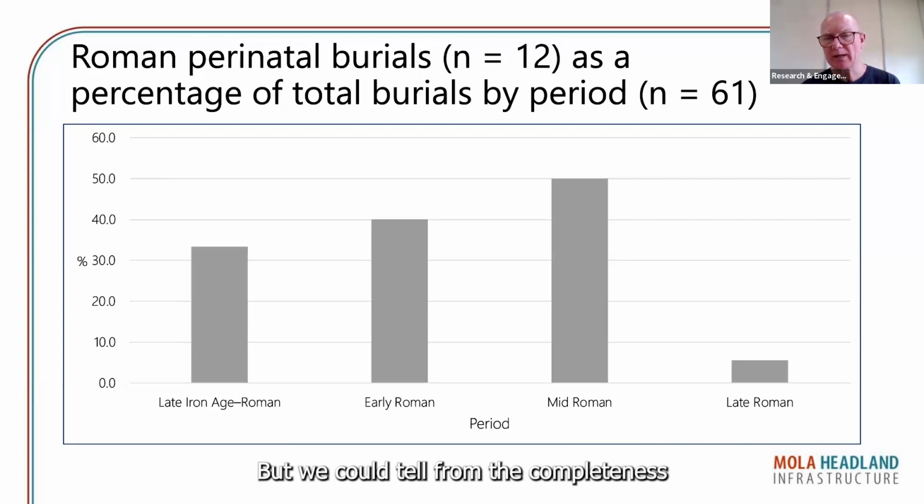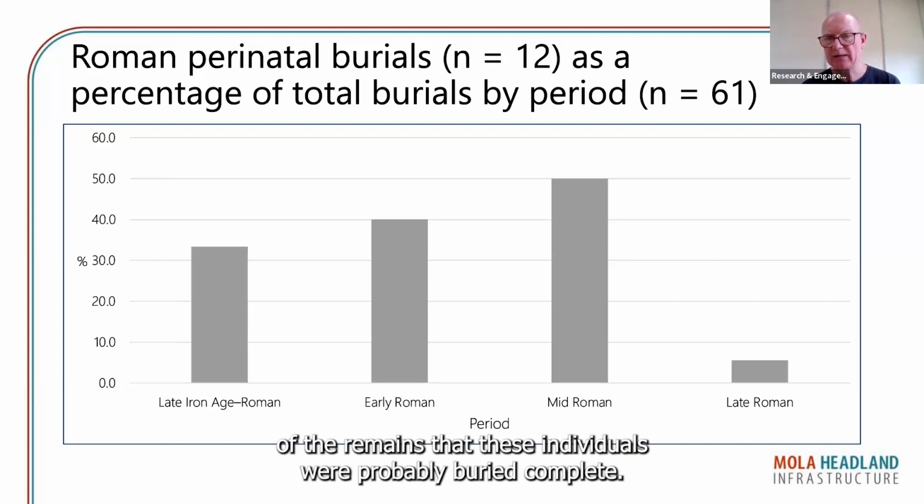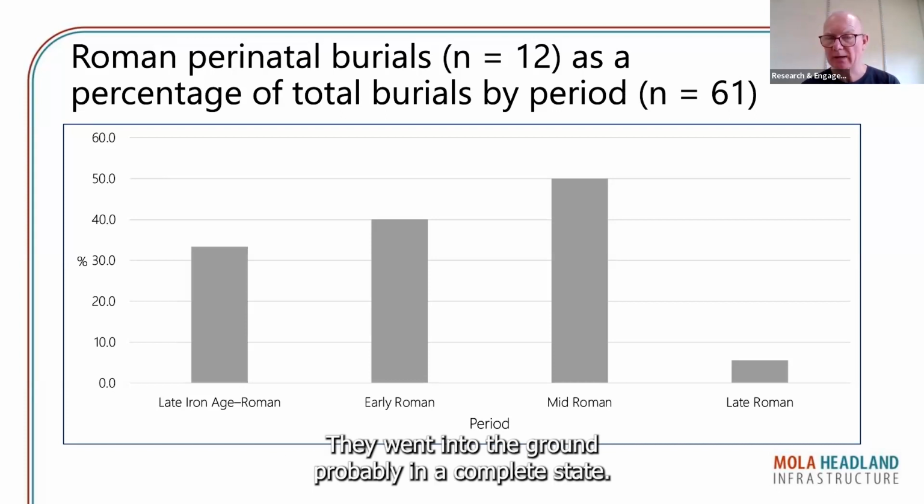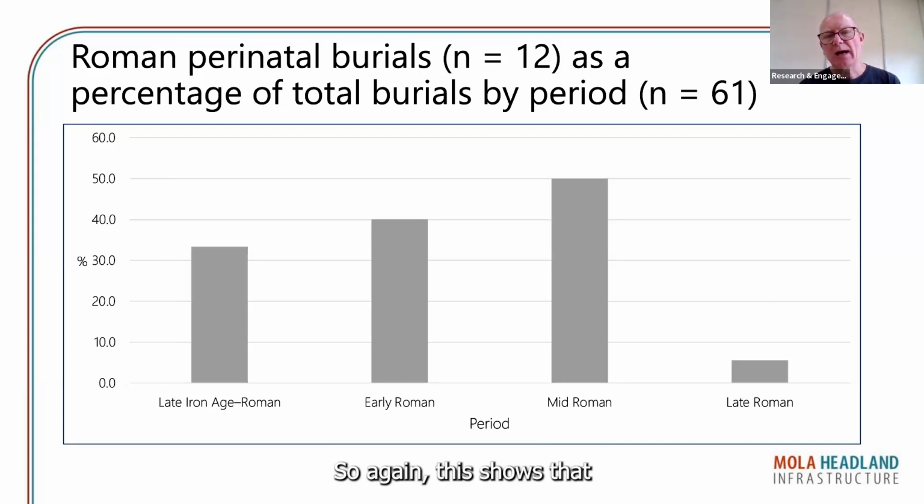But we could tell from the completeness of the remains that these individuals were probably buried complete. They went into the ground probably in a complete state. So again, this shows that what we have is probably an underestimate of the number of perinate burials.